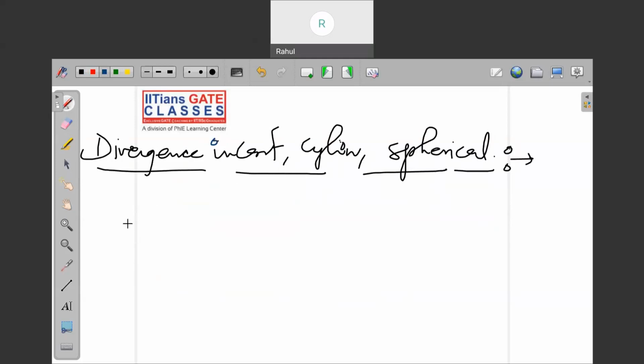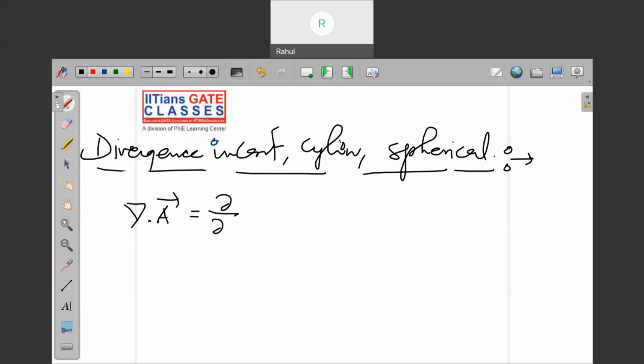So divergence of V in Cartesian coordinate system, or rather divergence of A, just take it as divergence of A, because V was confined to electrostatic potential. So divergence of A, this is a dot, and it is read as divergence of A, right? So divergence of A will be what?